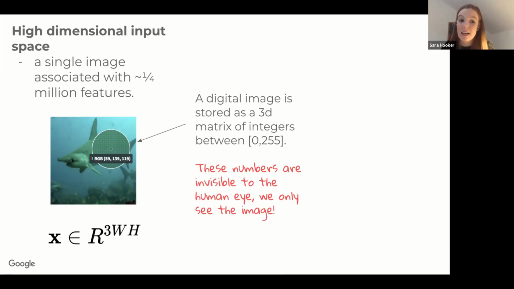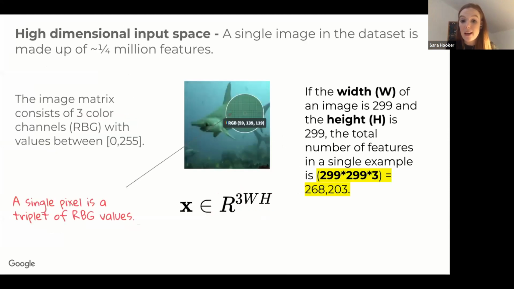And that's largely because a single image is associated often with 250,000 features. So if you store a digital image as a 3D matrix and it's 255 pixels by 255, you end up with 250,000 features. And when you scale this across a data set, you can start to understand why processing and extracting features was very difficult.